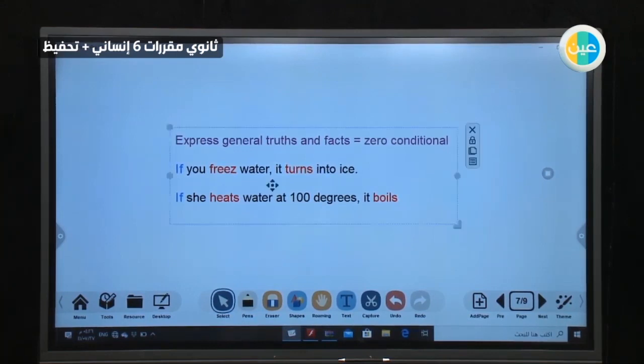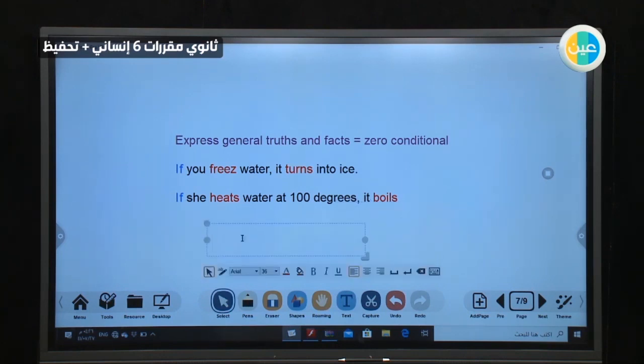Can you give me the rule of the sentence? If you freeze water, it turns into ice. So we start with what? If, then subject, then the complement of the sentence.